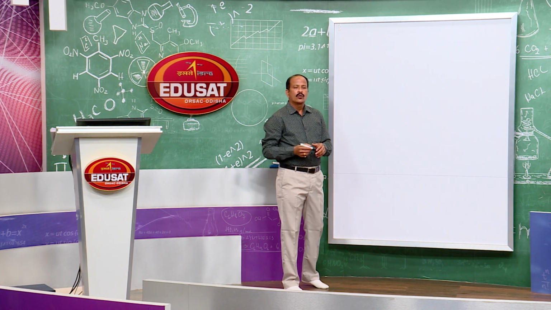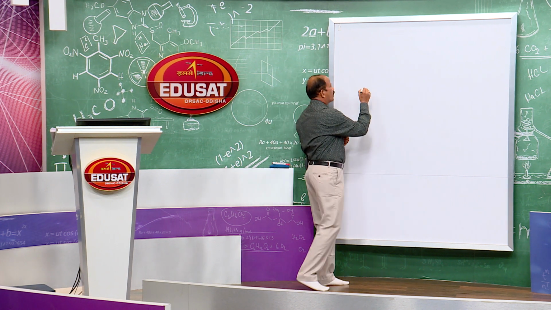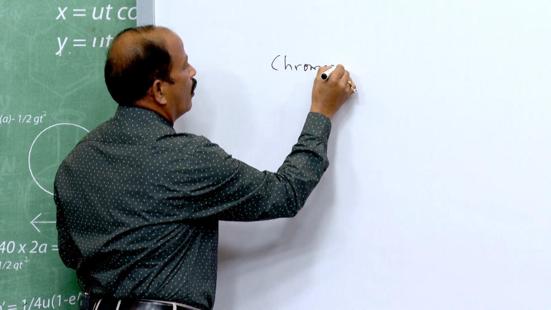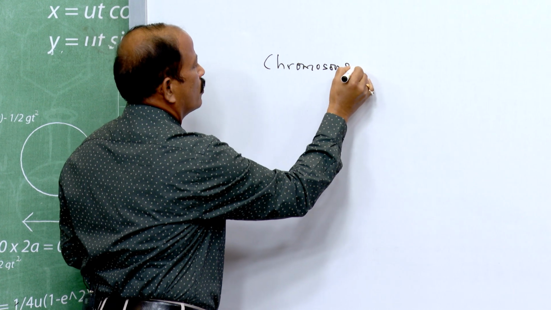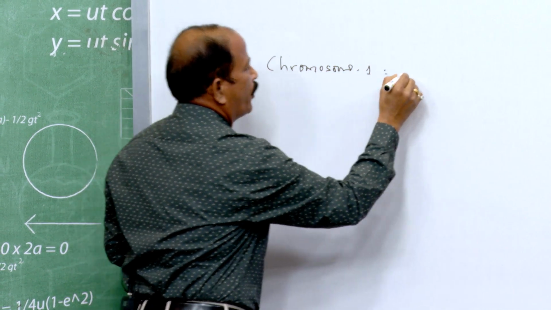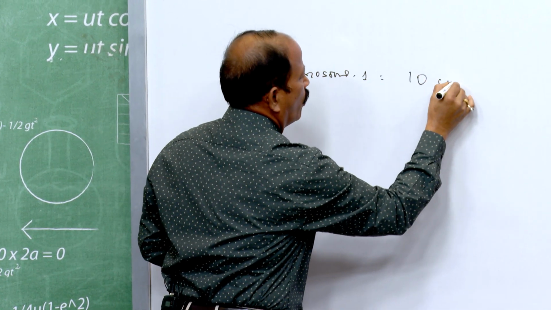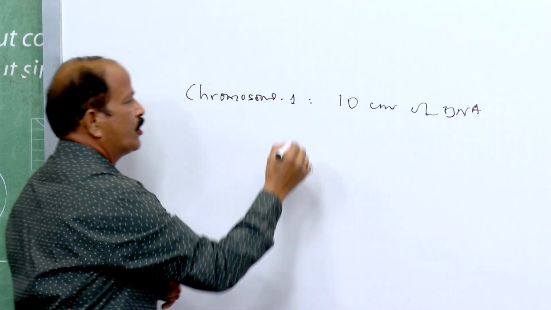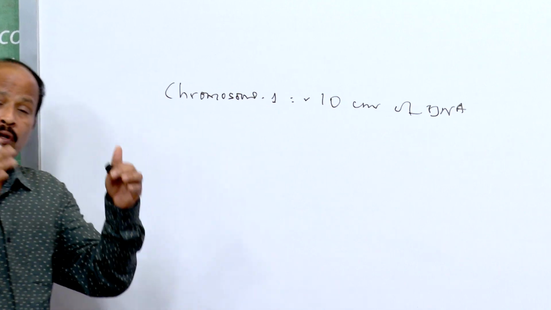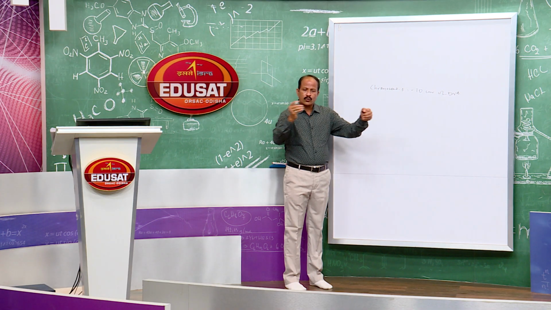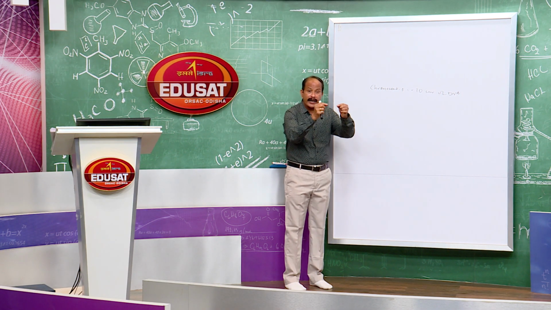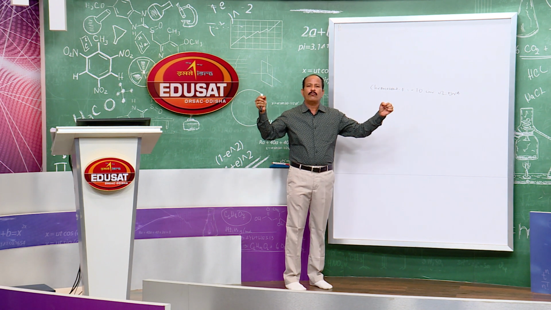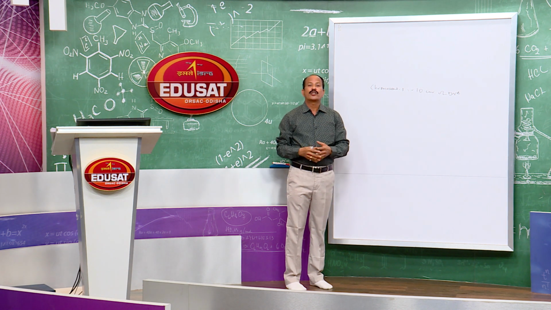What we know is that chromosome 1 has nearly 10 centimeter of DNA in it. If all the DNA molecules from all the chromosomes are taken and joined end to end, this would come to above 2 meters.